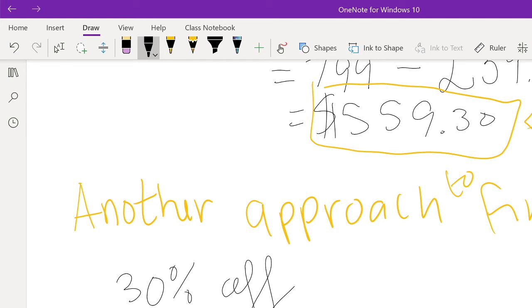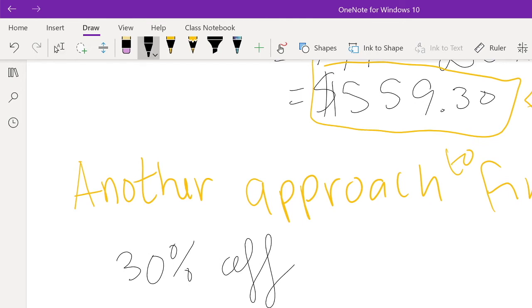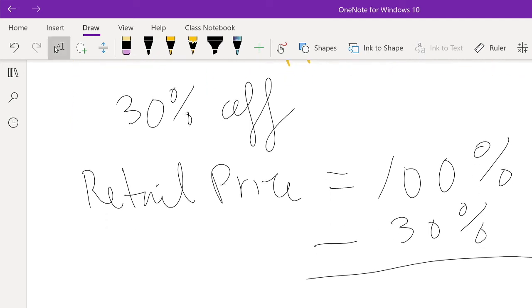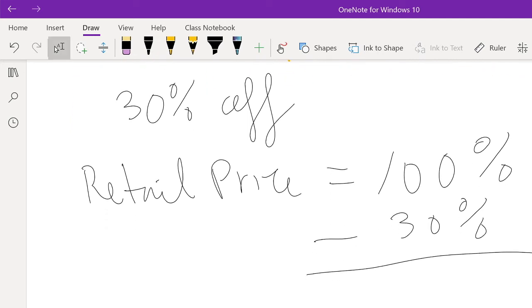That means if you think of the retail price as 100%, and we have a 30% discount, we take away 30%, which means we are paying 70% of the retail price.